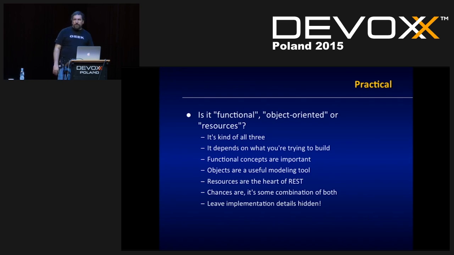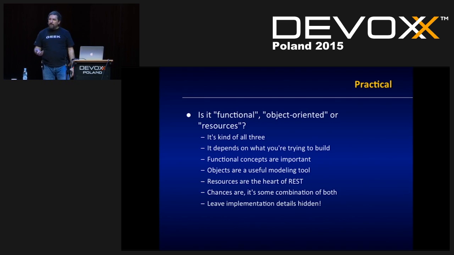Is it functional? Is it object-oriented? Is it RESTful? These are all approaches we take to structuring the code internally. Certainly, if you're using HTTP as your backplane, then yes, there's going to be a certain amount of resource orientation you will want to take because that's part of the way HTTP was constructed.